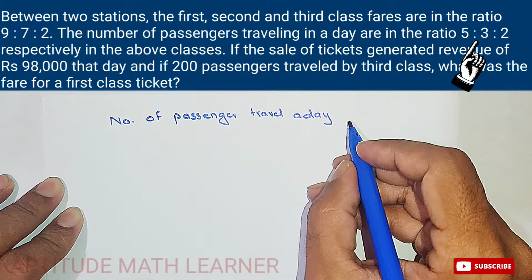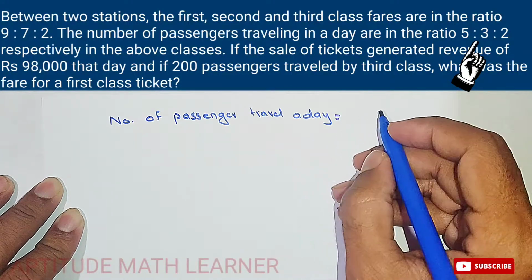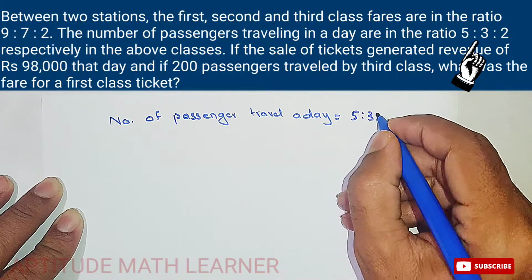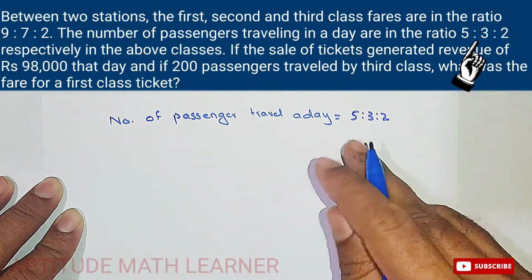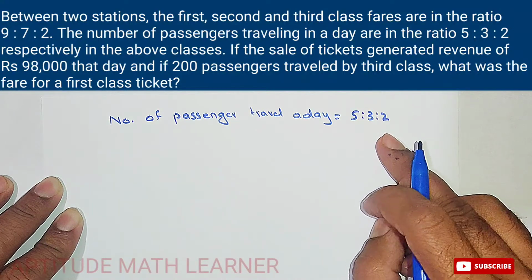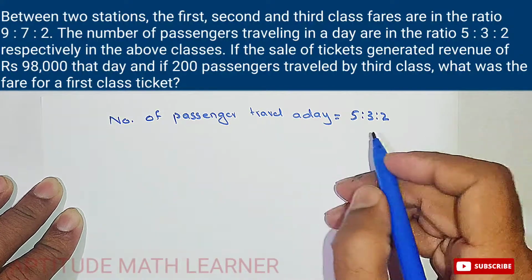The number of passengers traveling in a day is in the ratio 5:3:2, for first, second and third class.